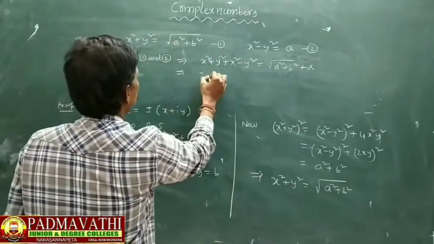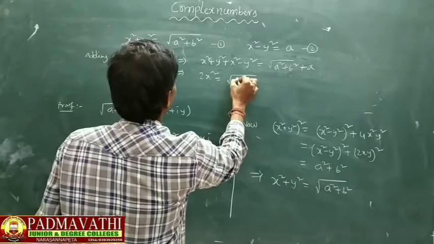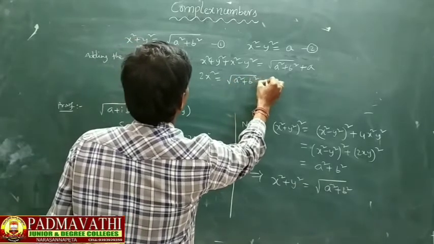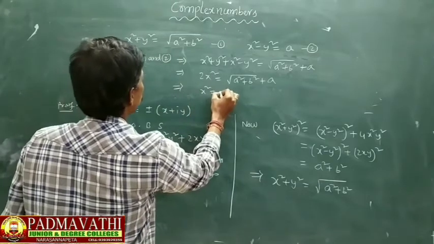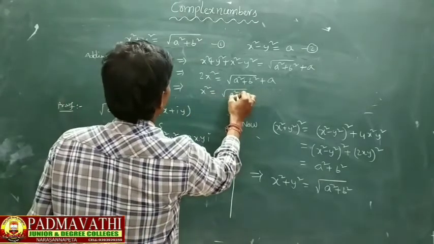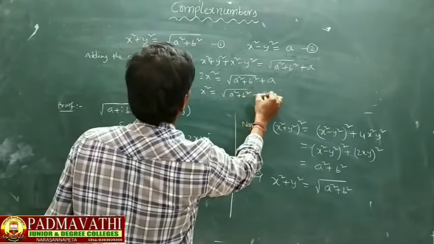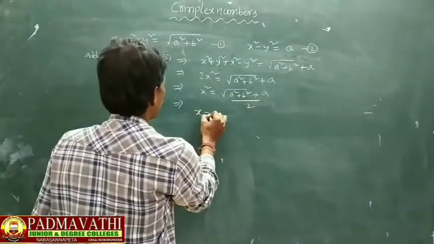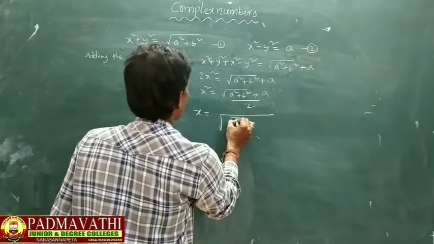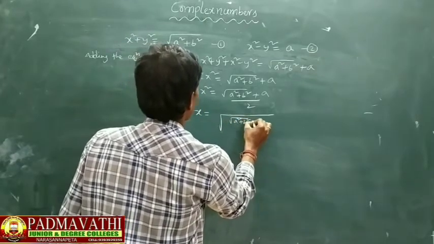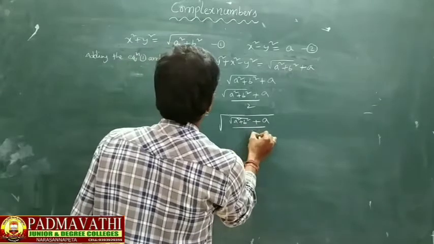That implies x square equals (root of a square plus b square plus a) by 2, so x equals the square root of (root of a square plus b square plus a) whole by 2.